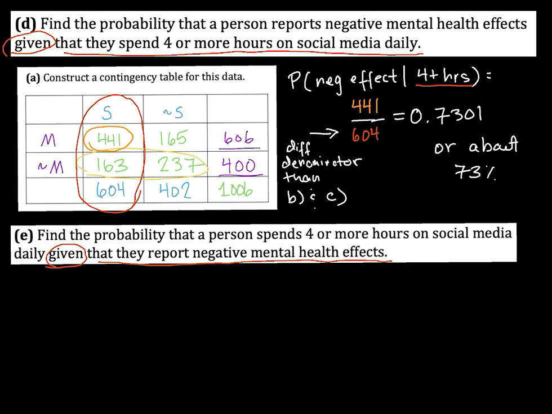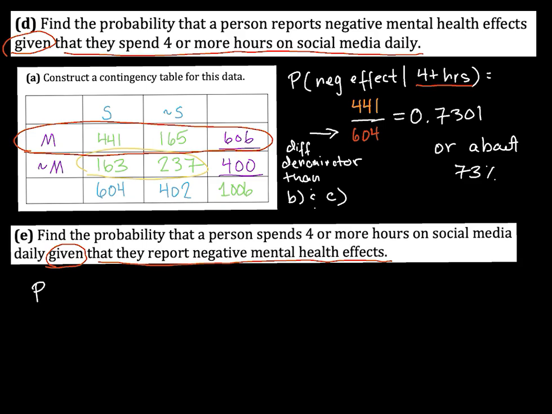So this is the opposite. So for this one, we are now reducing the sample space to the people who experience negative mental health effects right there. So that 606.